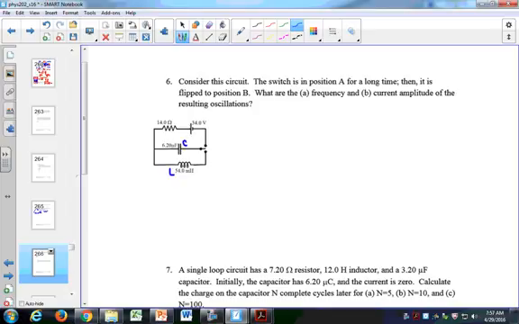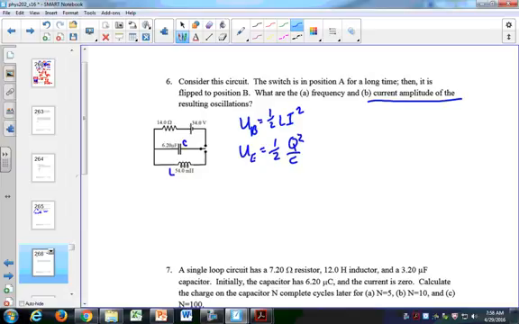So on this, you would look at your LC circuits. You need to realize that your magnetic energy is equal to 1/2 Li squared, and your electric field energy, that's in the capacitor, is 1/2 Q squared over C. And if you want to find the current amplitude, that is, what is the maximum current in these oscillations, you set these two equal.